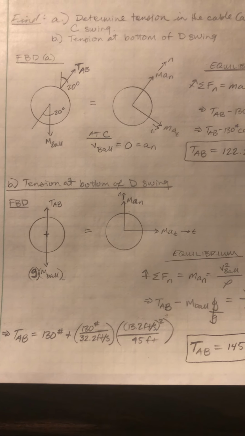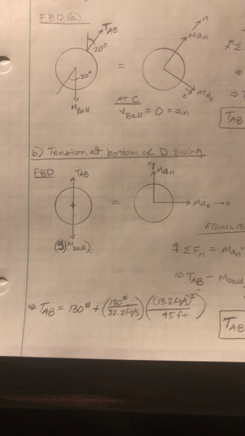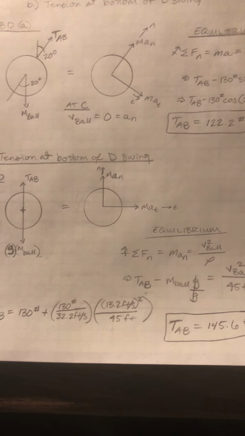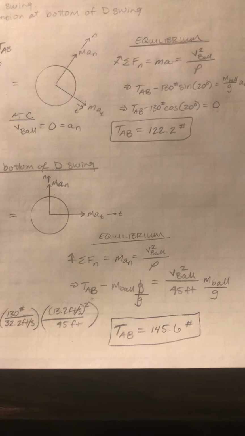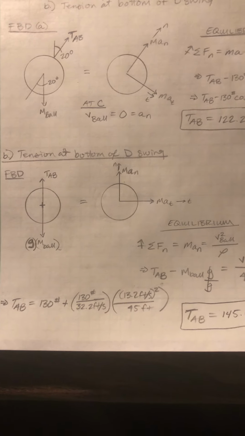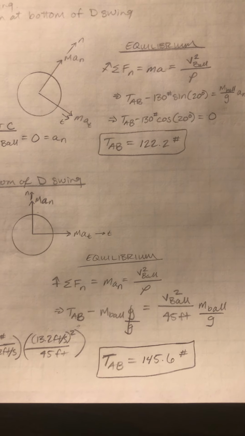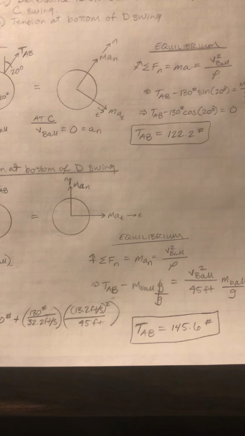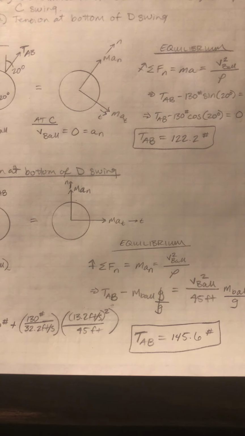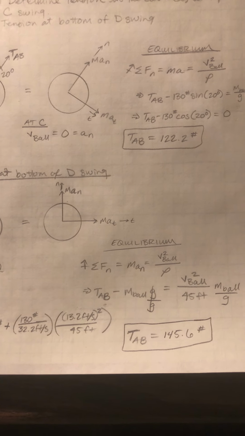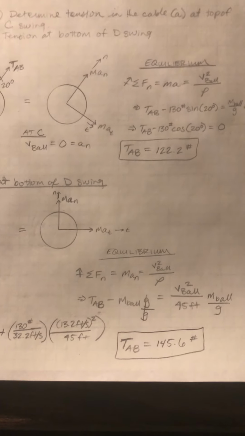Part B, for the position at bottom of the D swing, we again use free body diagram and our equilibrium equations, similar to step A. So we have the mass of the wrecking ball plus the mass of the wrecking ball divided by gravity times the velocity of the ball squared divided by the length of the wire.